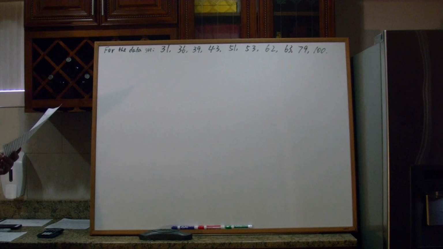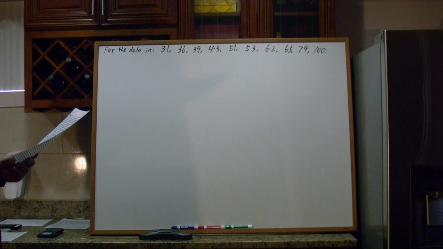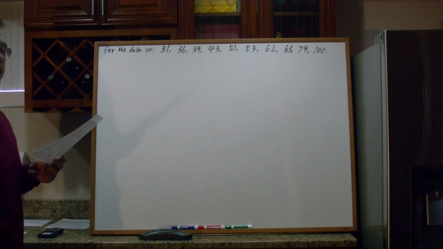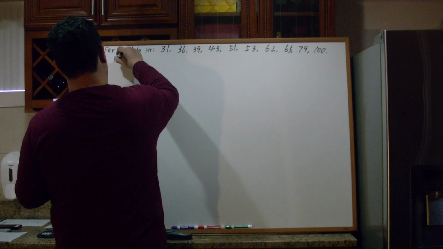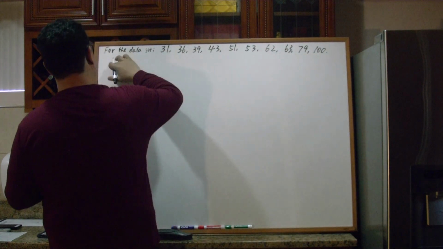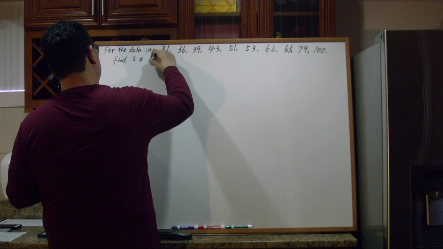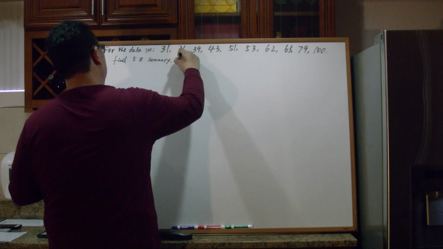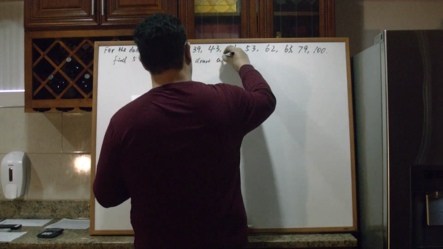Here is our data set: 31, 36, 39, 43, 51, 53, 62, 63, 79, and 100. They are 10 numbers. Find the five number summary and draw a Box-Whisker plot.